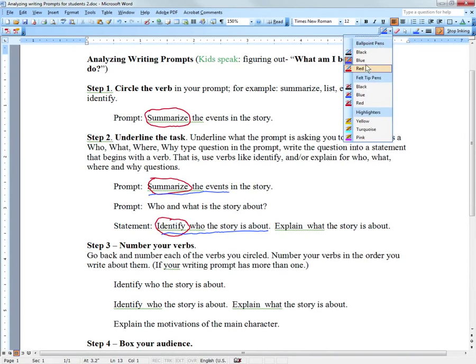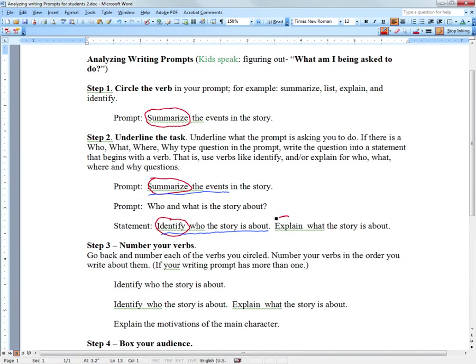And I'm going to go up here and use my red pen again. Explain what the story is about. See? So in this question, I actually have 2 things I need to do. I need to say who is the story about and what the story is about. So I divided those up, right? Because those are 2 tasks in the same question. So explain what the story is about.